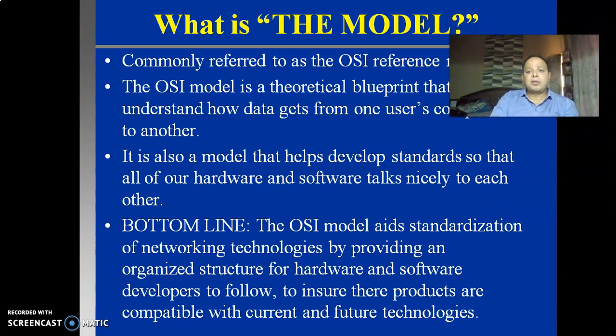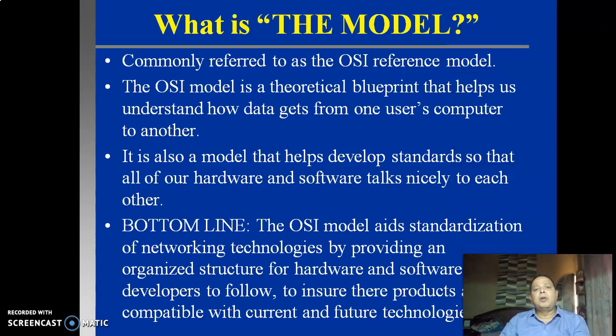Now let's see. You can see on the screen this particular model. As we have seen, this model is called the OSI reference model because it is the reference model for the entire data networking or computer networking. Another important thing I would like to mention here is that this is a theoretical blueprint.